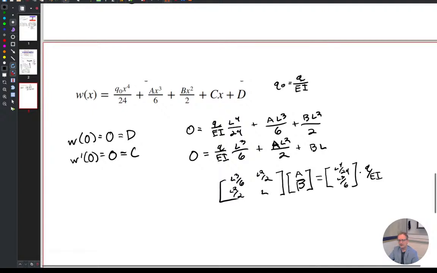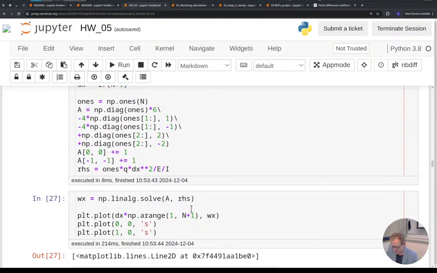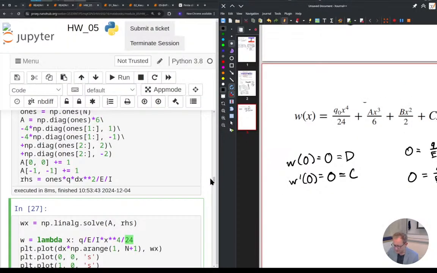And now I've got a linear algebra problem to solve my exact integration kind of problem based on those boundary conditions. Let me bring this one over here.